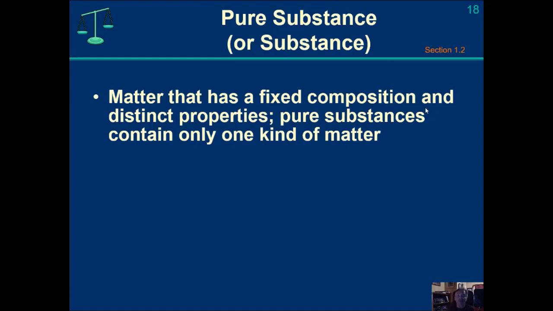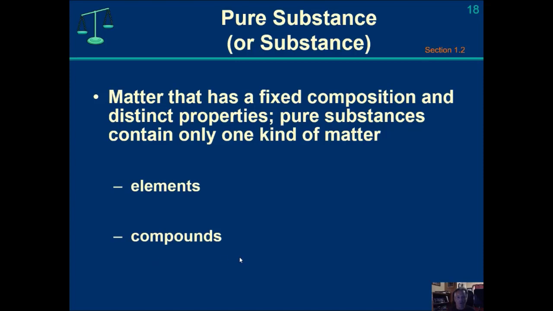That is, there's only one kind of substance, and it has distinct properties like boiling point and melting point, density. The substance will have these unique properties to that particular substance. So pure substances contain only one kind of matter, and those we can further characterize as pure elemental substances or pure compound substances.